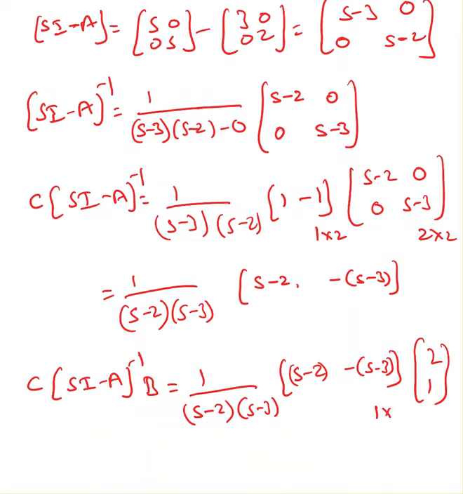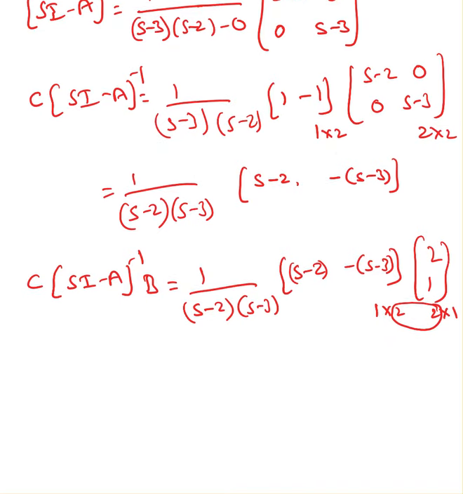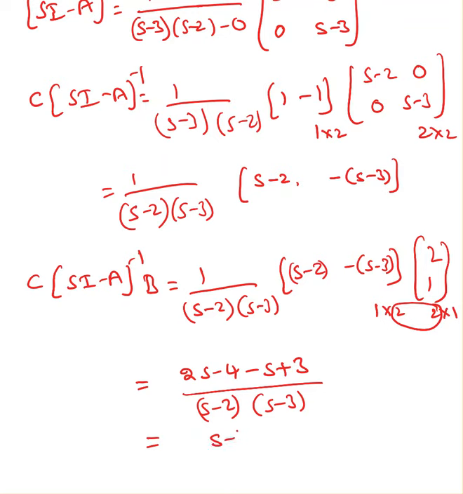This is 1 by 2, that's 2 by 1, so we can do the multiplication and end up with 1 by 1. That value is (2s minus 4 minus s plus 3) over (s minus 2)(s minus 3). After simplification, I'll end up with (s minus 1) over (s minus 2)(s minus 3). This is the transfer function.